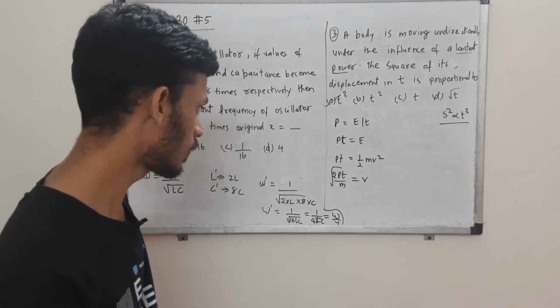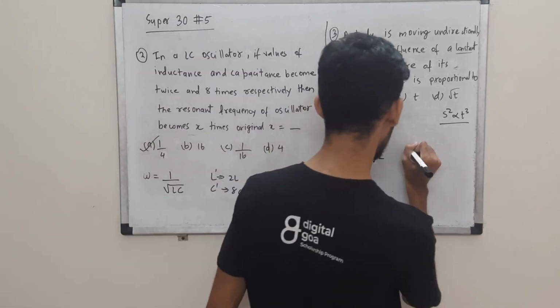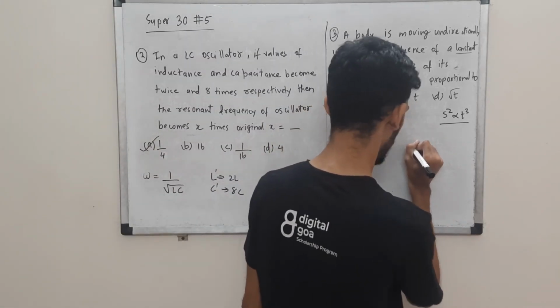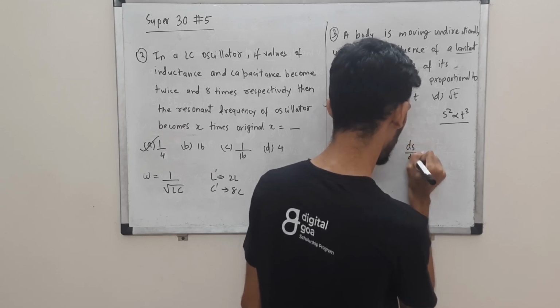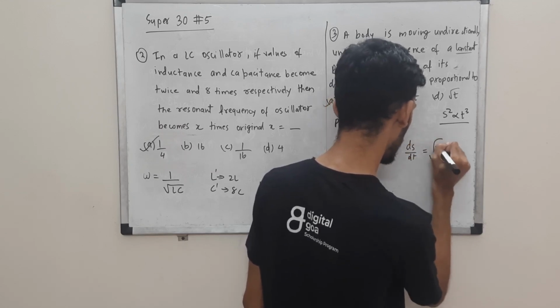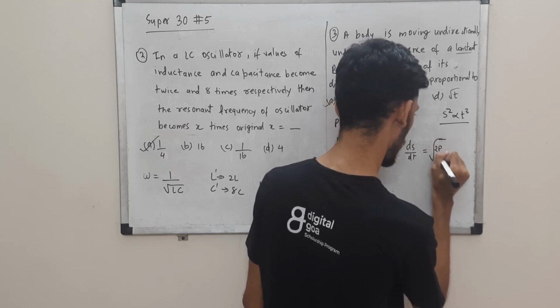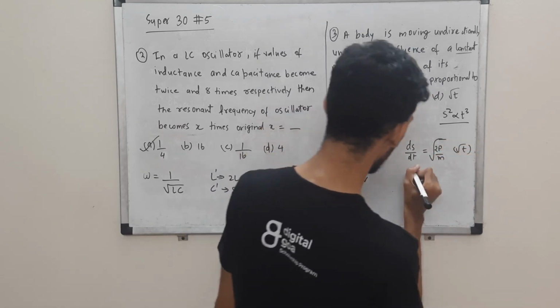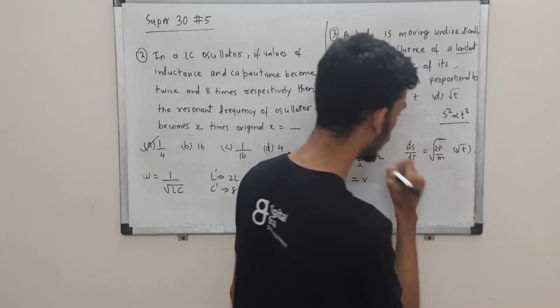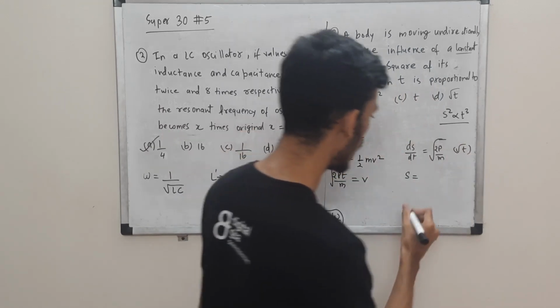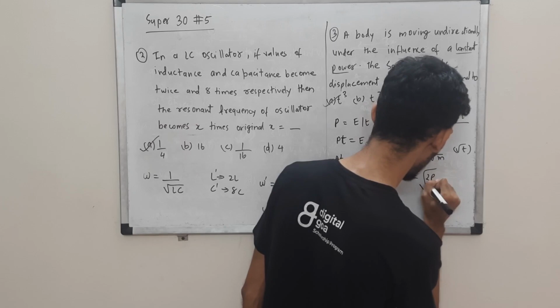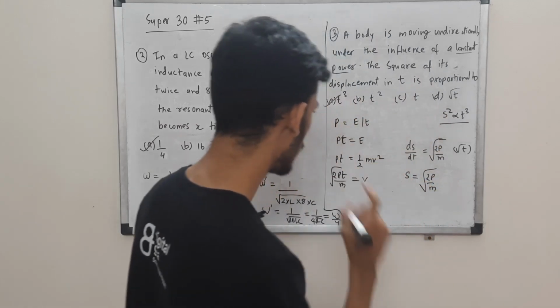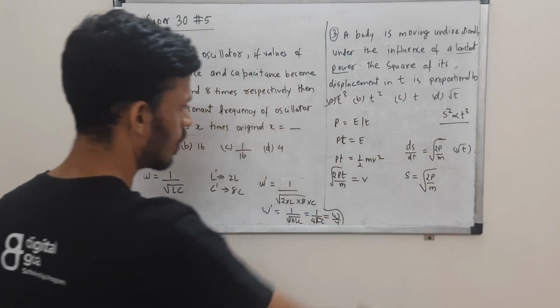So here I can write this v as ds by dt, right? So this is under root 2P by m times root t. I'll write it like this because this is the term that is going to get integrated. So when I integrate, this will become s, and dt goes to the other side. This is a constant, 2P by m, because power is constant and mass is constant.